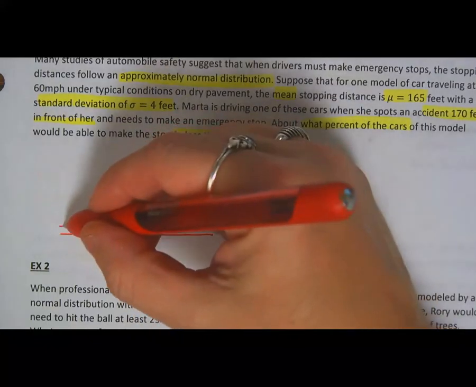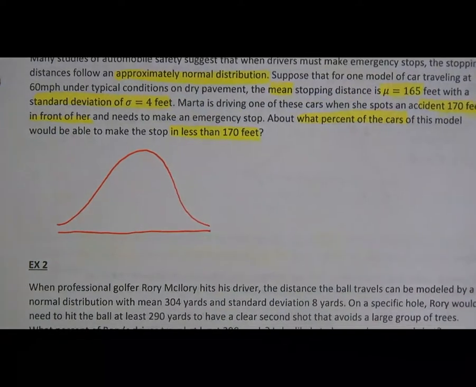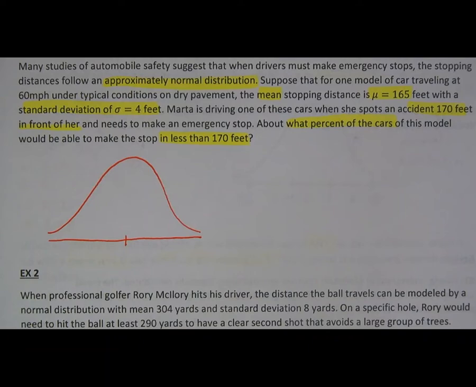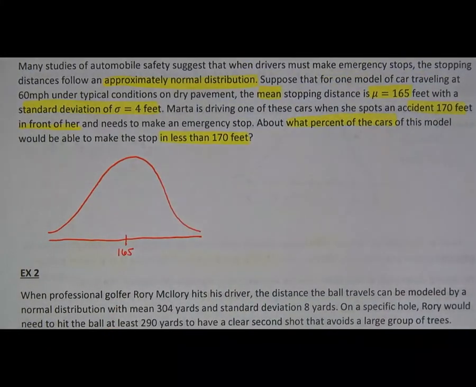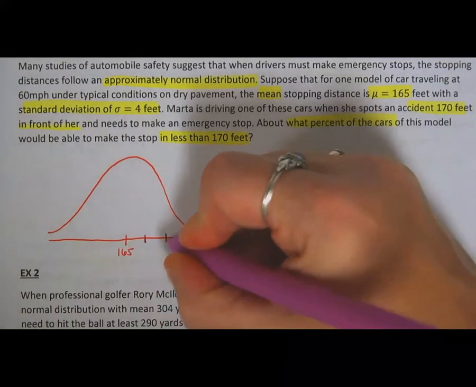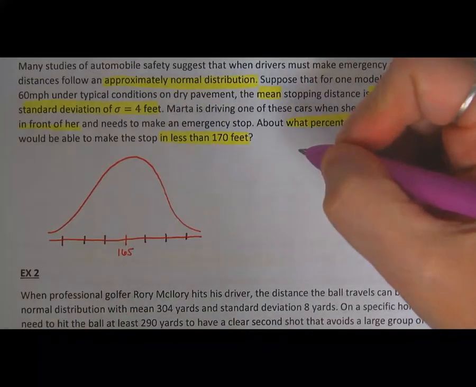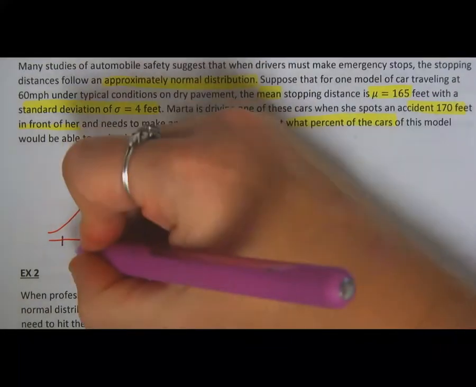So stopping distances, from the time you slam on the brakes till the time your car actually comes to a stop, can be modeled with this normal distribution curve. The average distance that it takes this model of car from the time you press the brake to coming to a complete stop is 165 feet. That's the mean. The standard deviation is 4. So count by 4s. Take a second if you need to crunch your numbers in the calculator.